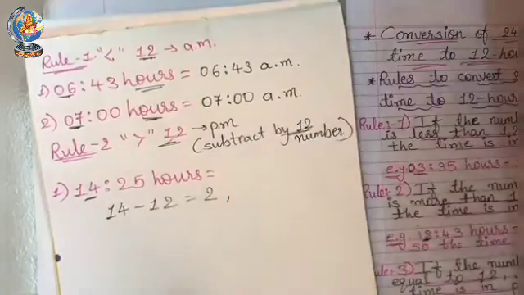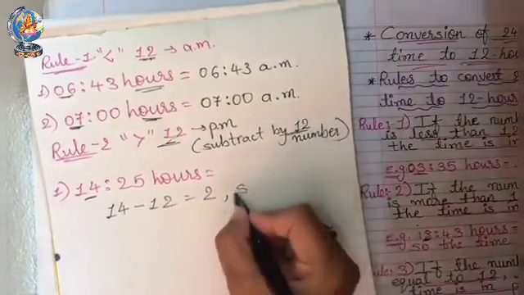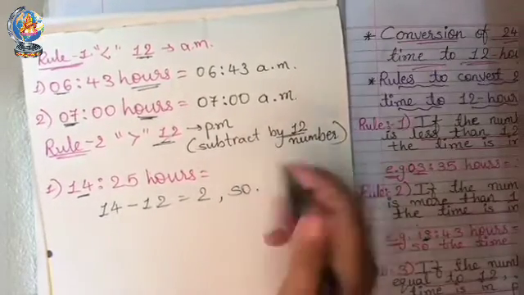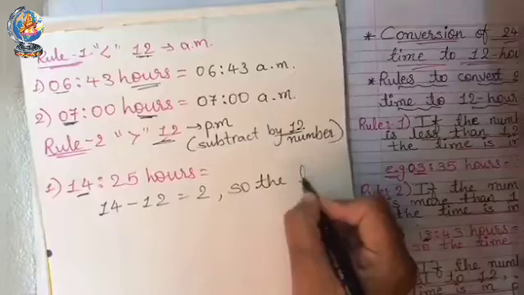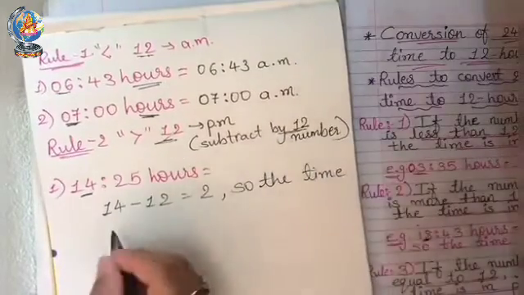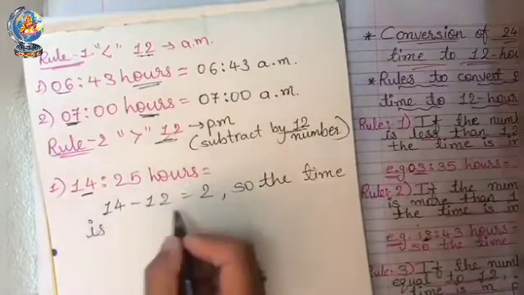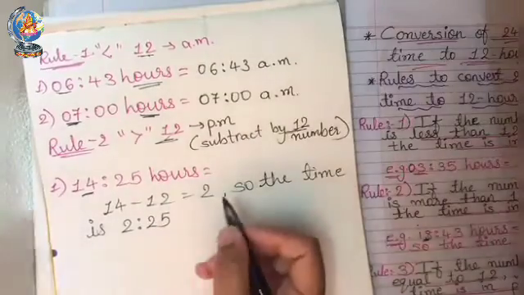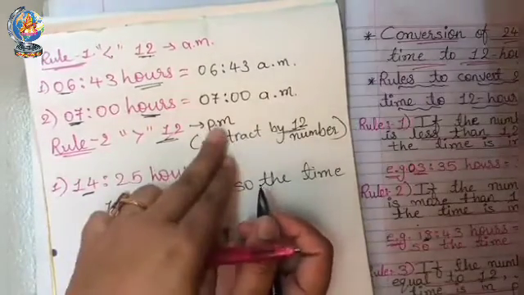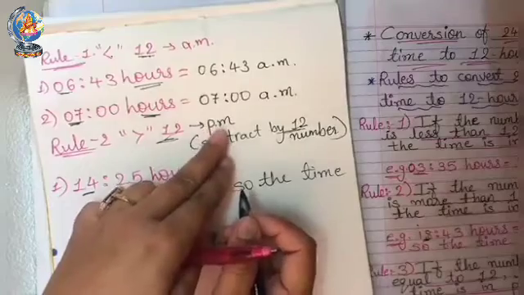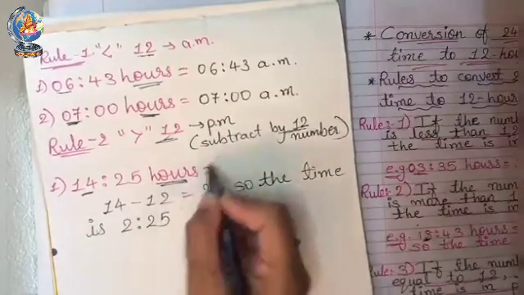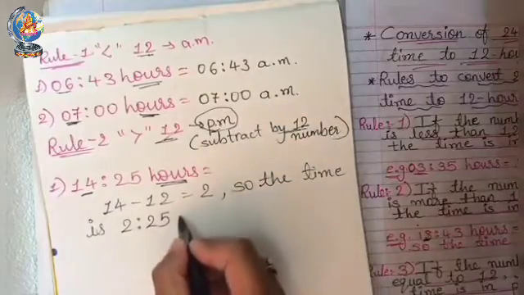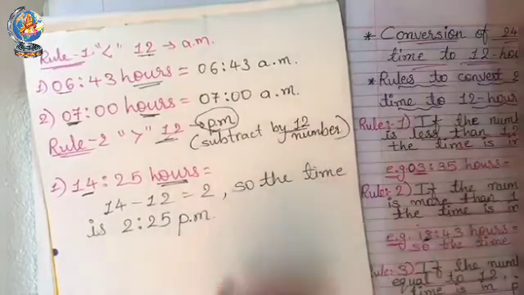So the time is 2:25. Now what do we have to write, AM or PM? PM, right? Instead of hours, we have to write PM. 2:25 PM of your afternoon.